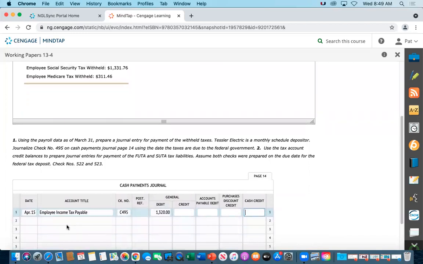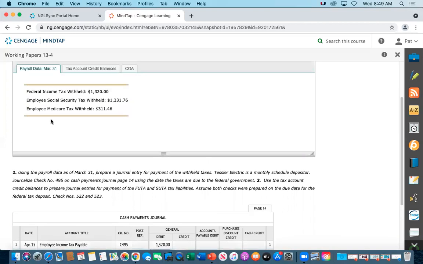Okay, so we know when we're paying our payroll taxes, like they're asking us to pay this right now, we know we're going to have to pay Social Security tax payable. But we don't know how much. We see it says employee Social Security.